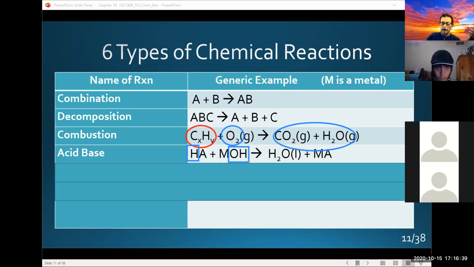Here's a polyatomic ion. So we have an acid, you have a water, you have a hydroxide. You always get water. You're neutralizing the acid and the base, and you create water. And then you make the corresponding salt, with the metal from the sodium hydroxide and the non-metal from the acid. So you get the MA, which is normally some kind of salt.